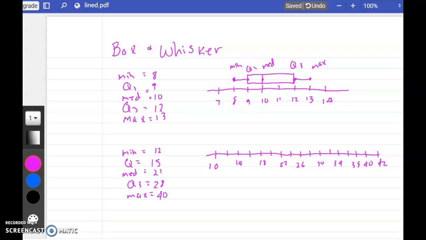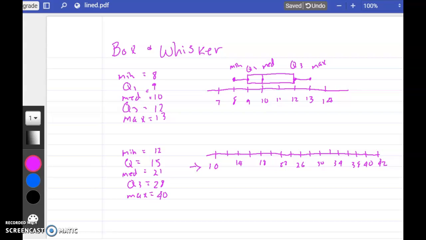So I'm going up by 2s, but to save space down here, I'm not writing every number. The values here are important. If you don't put those, I am taking off points because I don't know what your scale is.